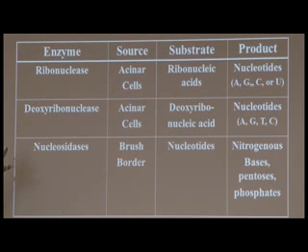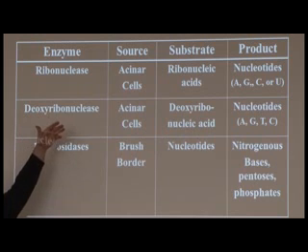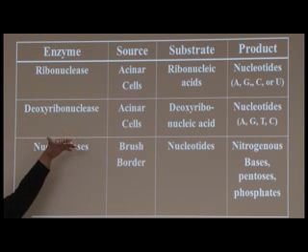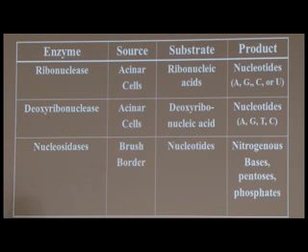The enzymes involved, RNase and DNase, are both central cell products, so they're produced by the pancreas. And DNA digestion only occurs in the duodenum of the small intestine by these enzymes.